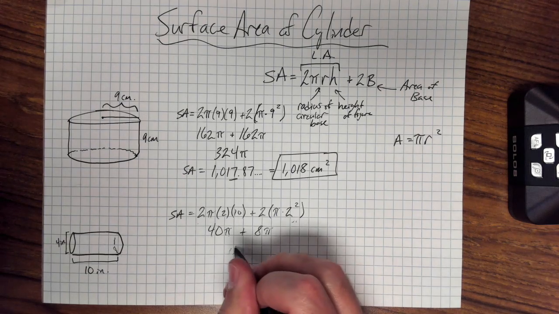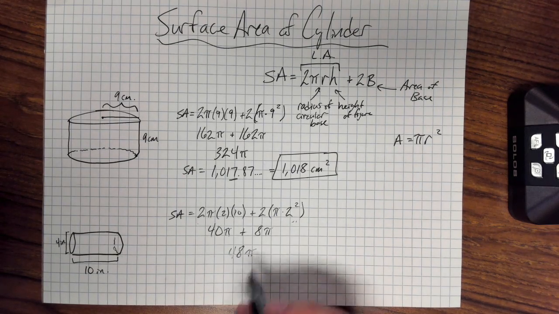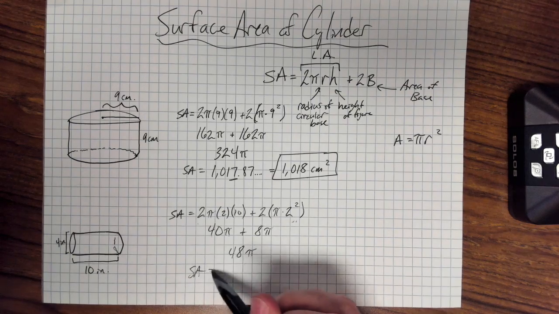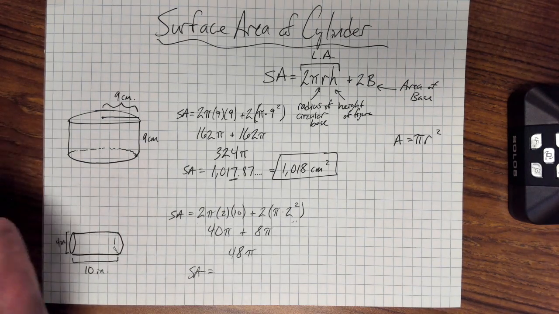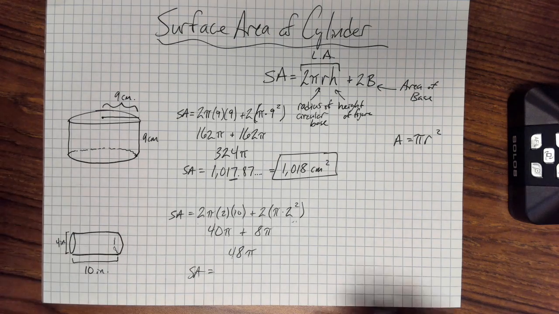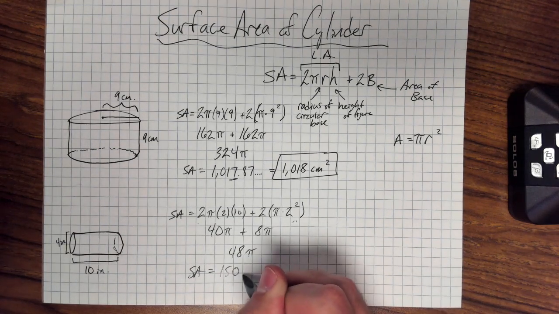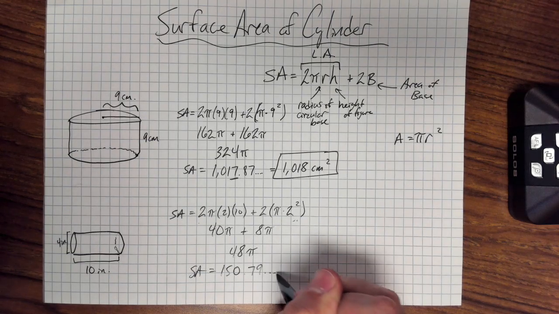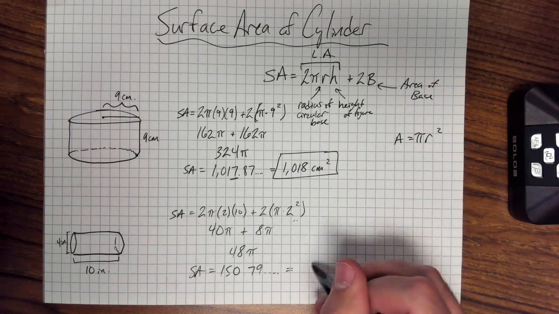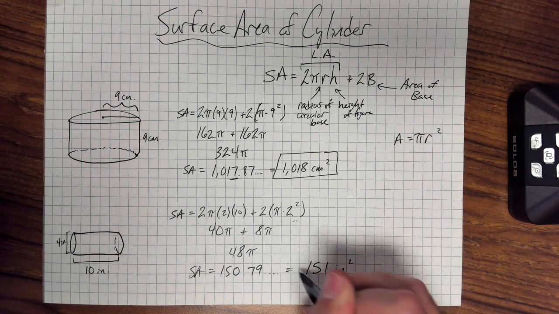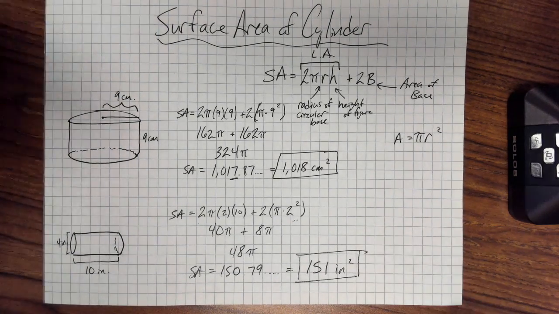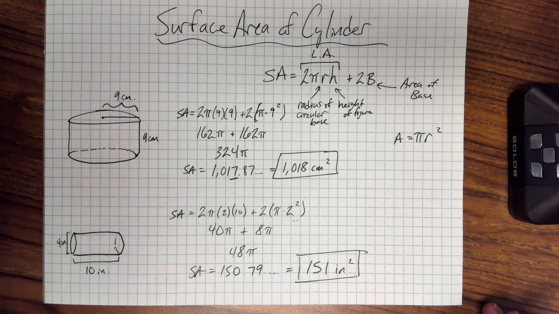Add these up, 48 pi, and our answer becomes 48 times pi, and we get 150.79, and it continues. And we're going to round that to 151 square inches. So this is how you find the surface area of a cylinder.